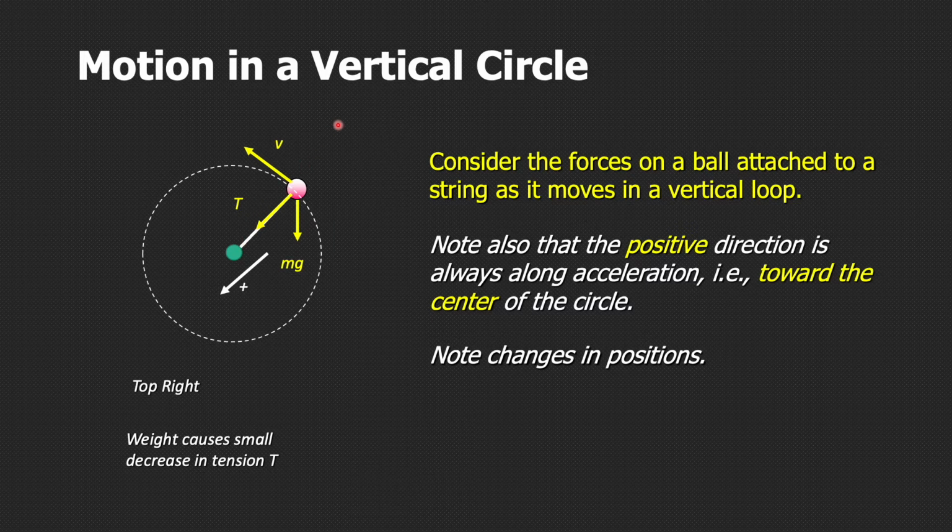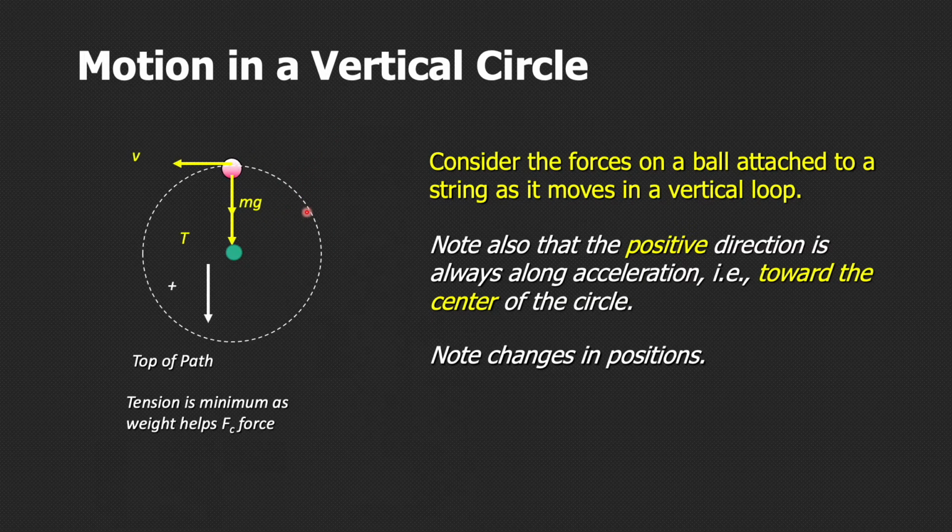the centripetal force. But if the object is on the top, the tension is minimum, since the weight helps the centripetal force. Since both the weight of the object and the tension are directed downwards, they have the same direction, so the tension is at the minimum or the lowest value.